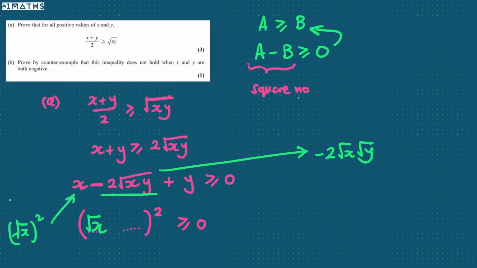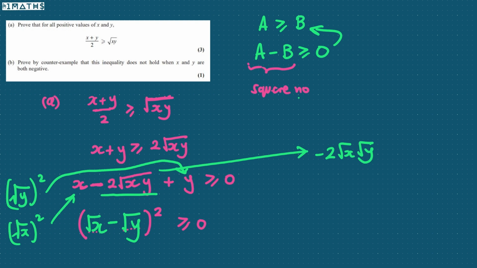My second term in the bracket must be root y, because root y squared will give me y. And in order to get my minus 2 root xy, it's got to be a negative root y. And I have therefore factorized this expression.